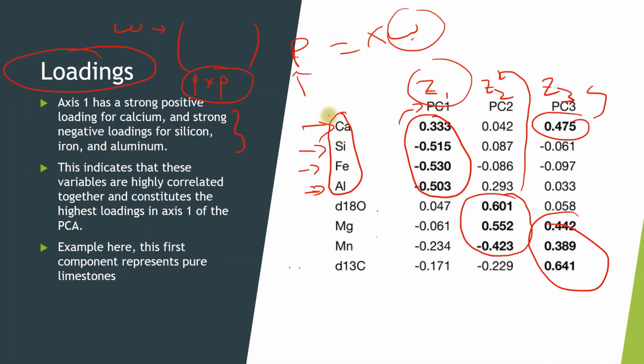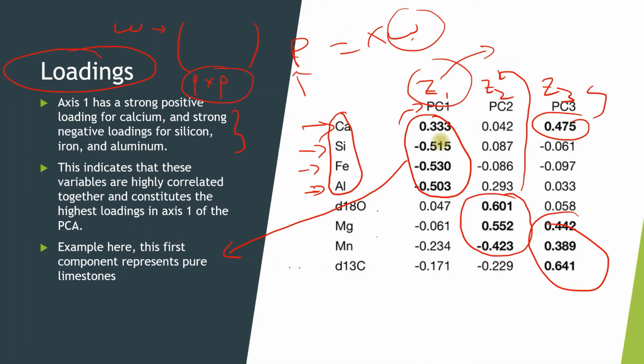So, in other words, what could it mean? It has a strong positive loading. What could that mean basically? If you were somebody in the field of chemistry, maybe you would understand this better, and this would mean that you are dealing with Z1, which represents pure limestone. Now, you may not be a person who knows a lot about chemistry.